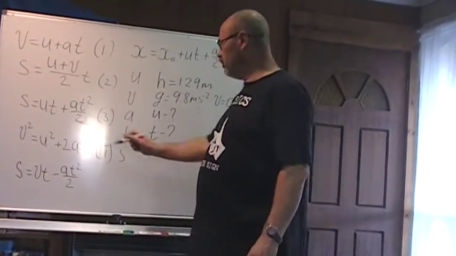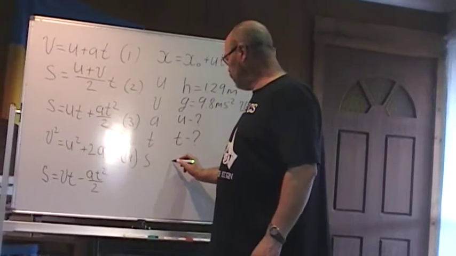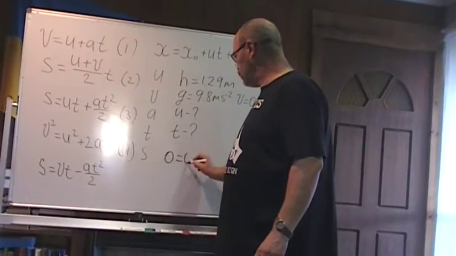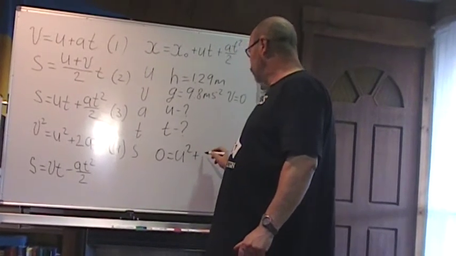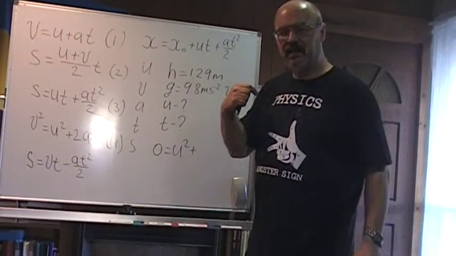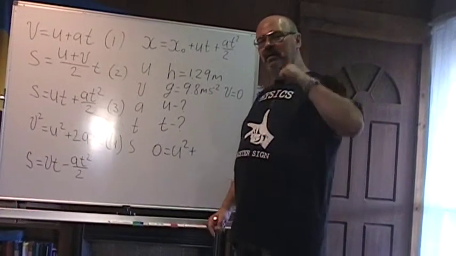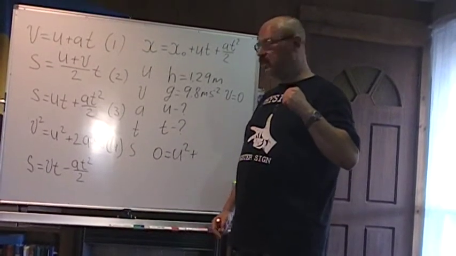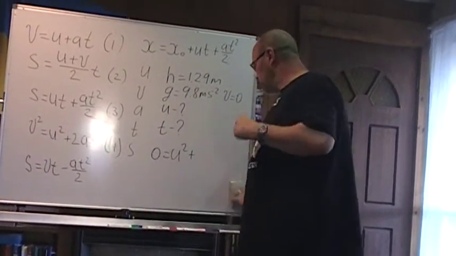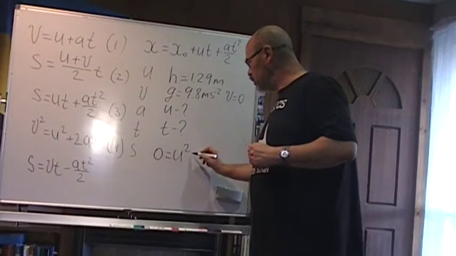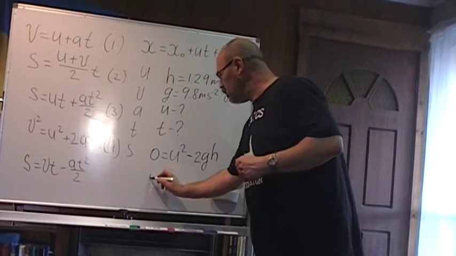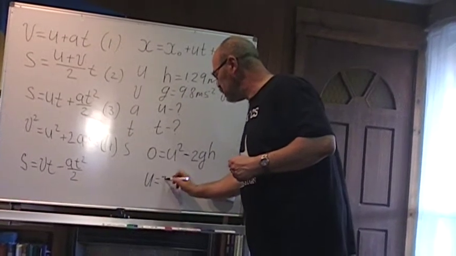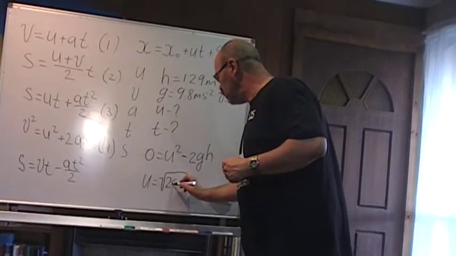We have 0 equals u squared plus 2as, but let's choose the axis up, so acceleration is down and has to be negative: 0 equals u squared minus 2gh, and we get the formula u equals square root of 2gh.